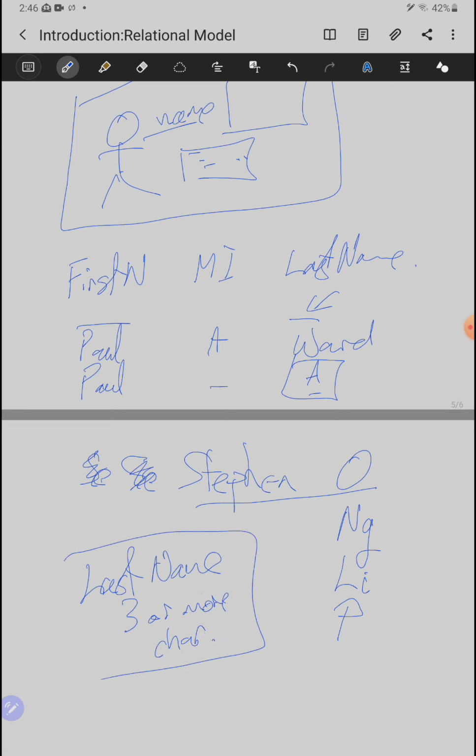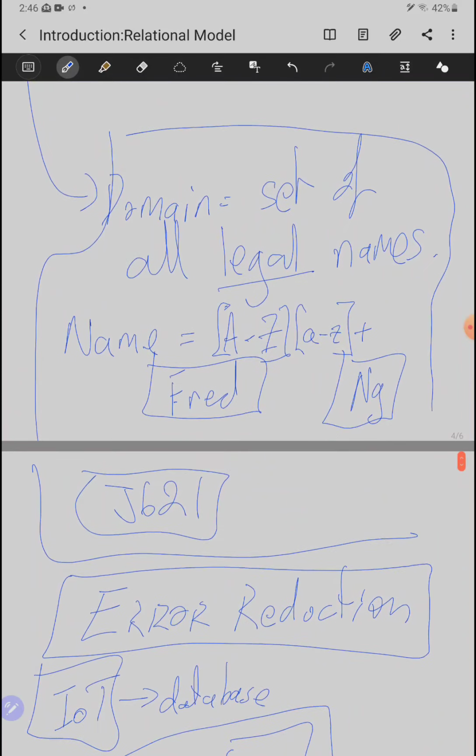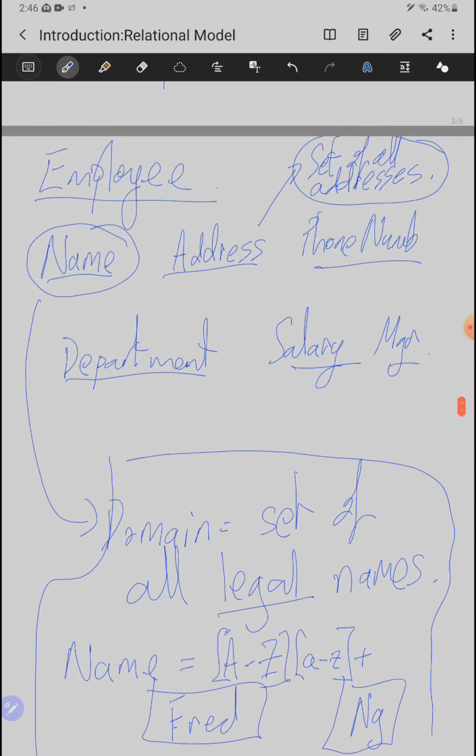And that causes problems. Okay. Who knows? Maybe some people change their name to Lee to avoid this. I don't know. Okay. It's not a great solution. A better solution is to say, okay, the domain is bigger than we thought it was. But understand that the concept is to try to reduce errors.